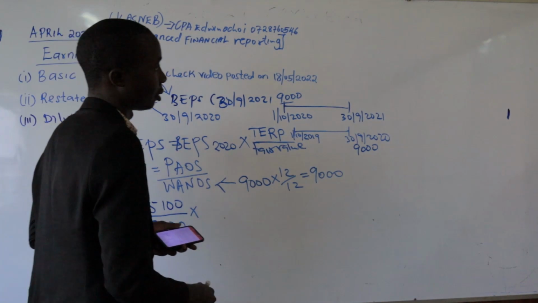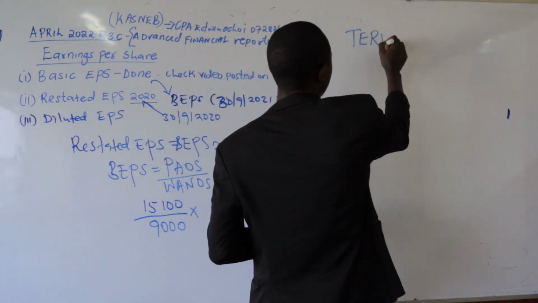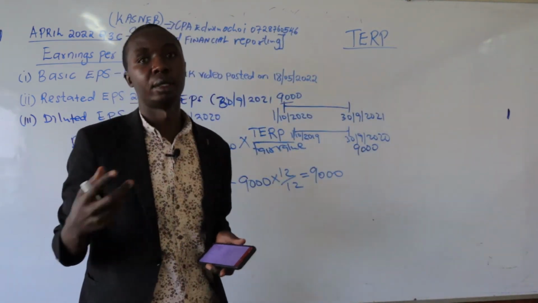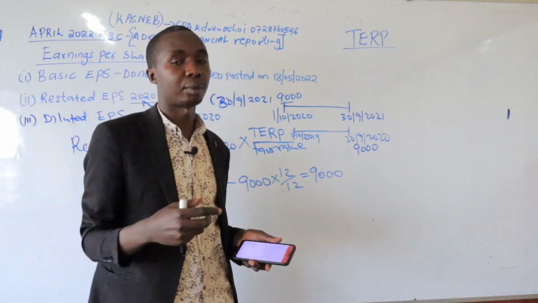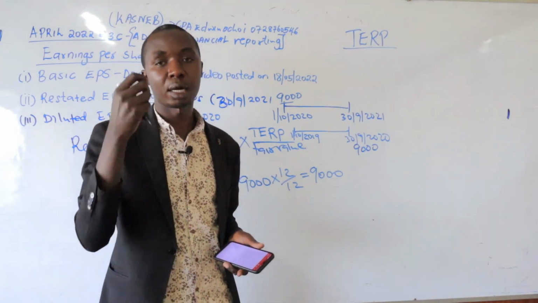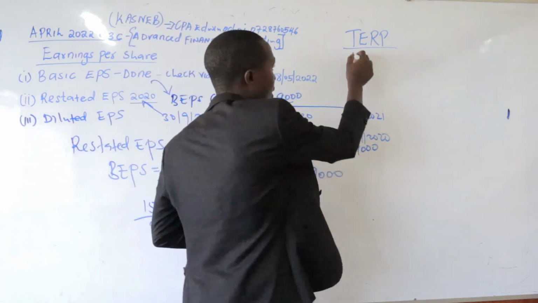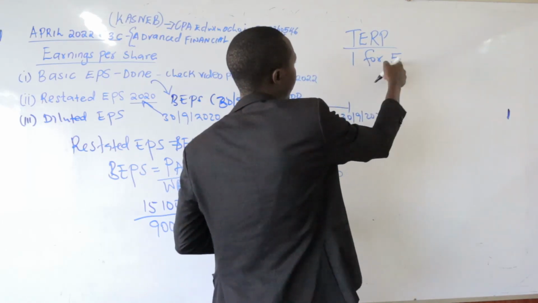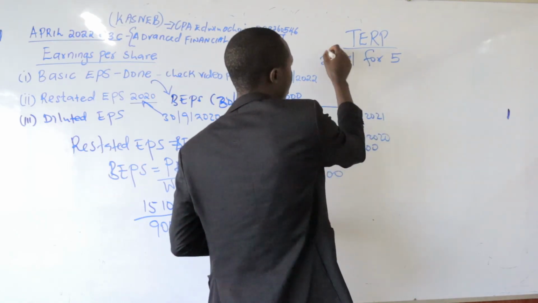Remember that to get the theoretical exercise price, you use the proportion at which they were issuing the rights issue, considering the price at which they issued it and the market price. As per additional information number 1, the proportion of the rights issue was 1:5, so 1 share for every 5 held. This 1 share was given at shillings 2.